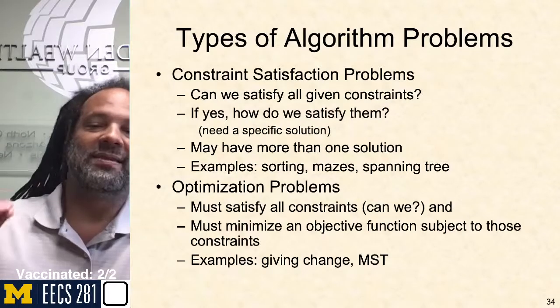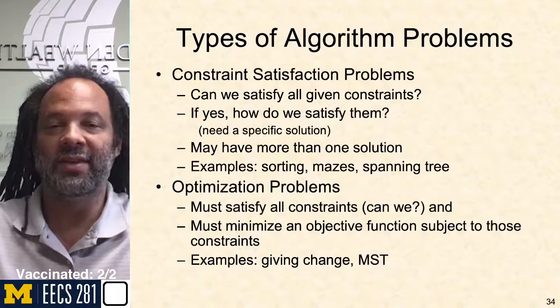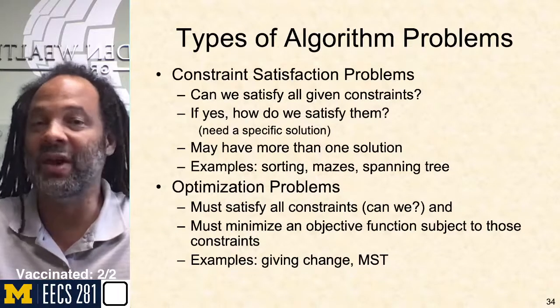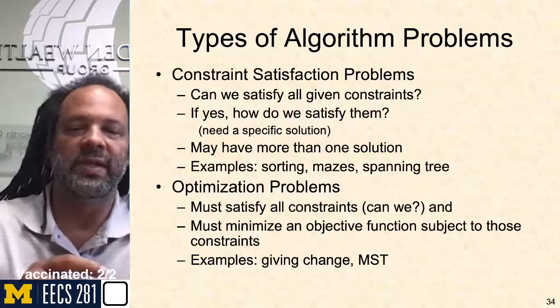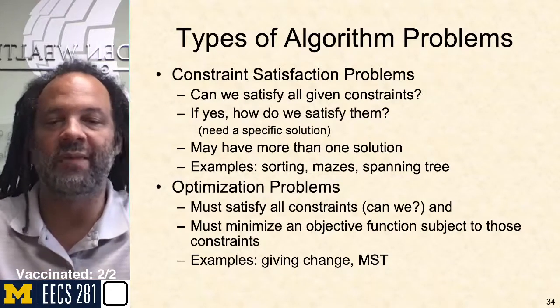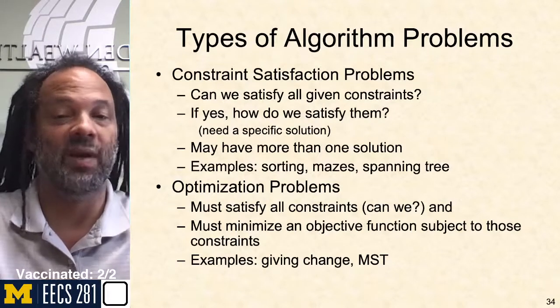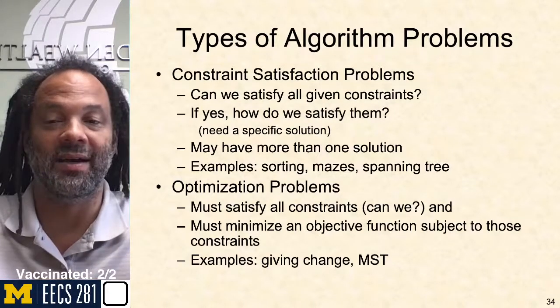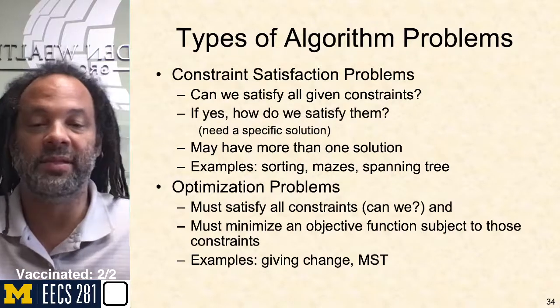Then we've got this optimization step, which was applying some objective function that says, given the change that we gave them, how many coins were there? I want to minimize that number of coins. So examples here of optimization problems are giving change, MST. We'll also be looking at the traveling salesperson problem. So those are some optimization problems.